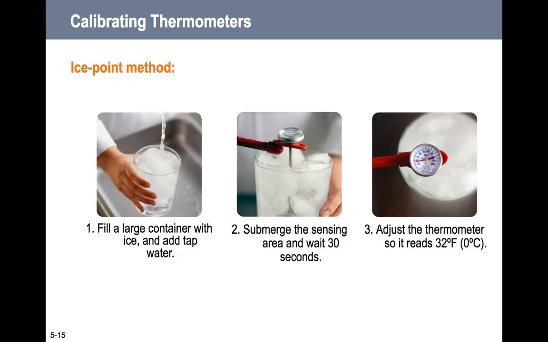The ice point method is done by filling a large container with ice and adding tap water, submerging the sensing area, and waiting 30 seconds. Adjust the thermometer so it reads 32 degrees Fahrenheit. Again, using a cup of ice water should indicate a freezing environment.